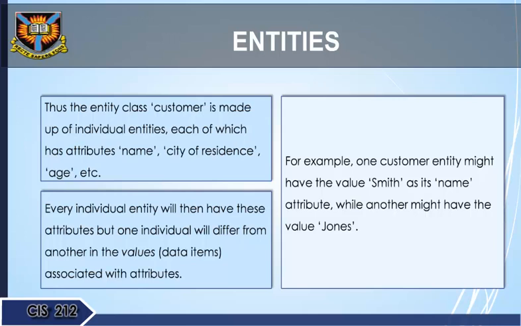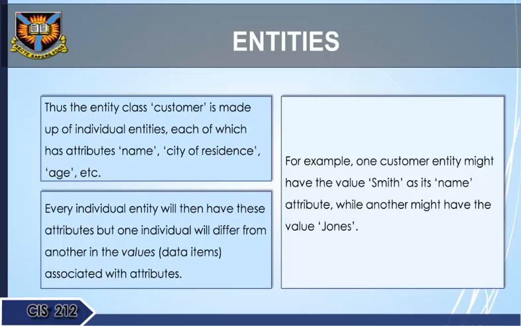Every individual entity will then have these attributes, but one individual will differ from another in the values, the data items, associated with attributes. For example, one customer entity might have the value Smith as its name attribute, while another might have the value Jones.